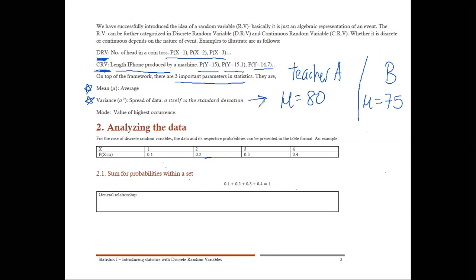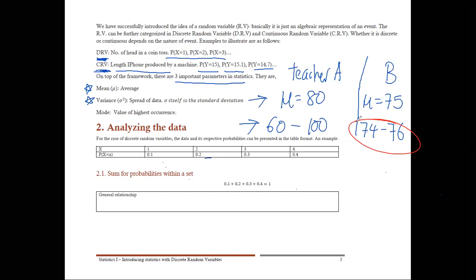So what if I tell you that teacher A has students who score values ranging from 60 to 100, and instead teacher B has students who score only from maybe 74 to 76? We can see that the spread of teacher B is actually smaller.